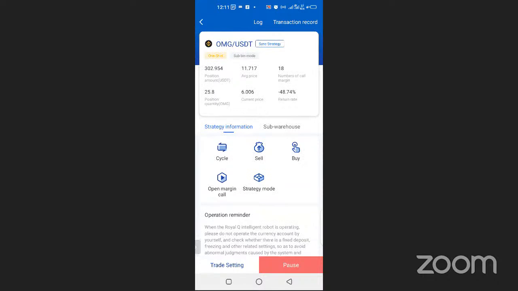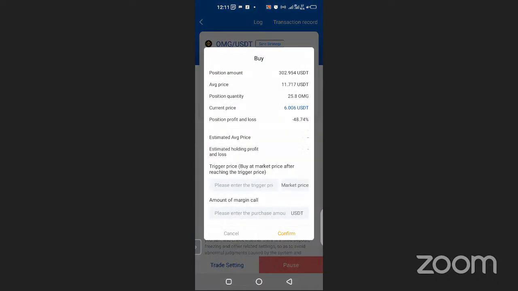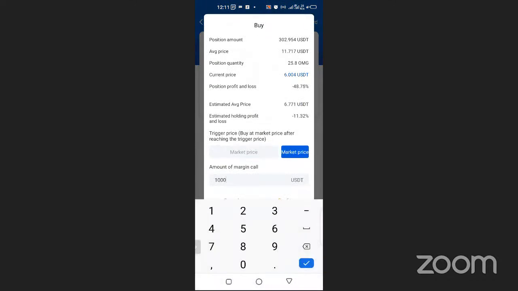If I want to sell off this coin, I manually do this. I put market price, put in $10,000 or 1,000. I get to the price. I move from 48 to a new estimated price.